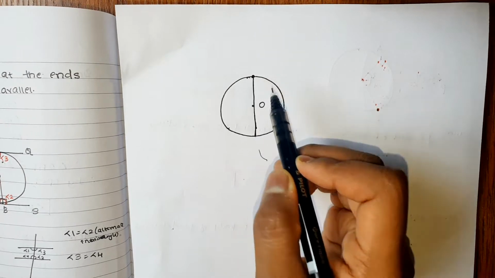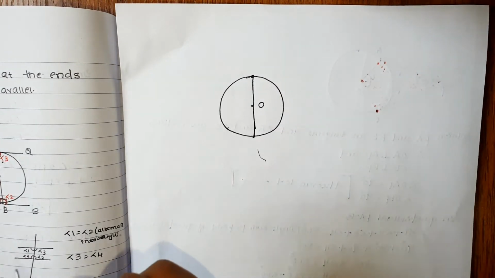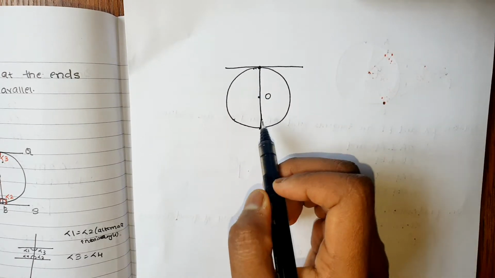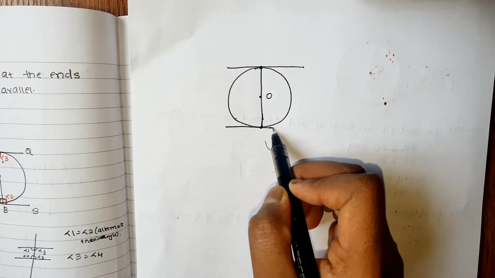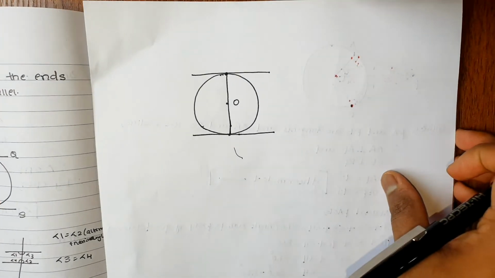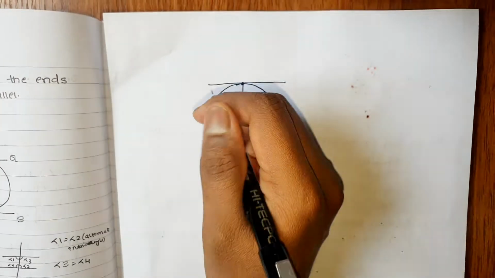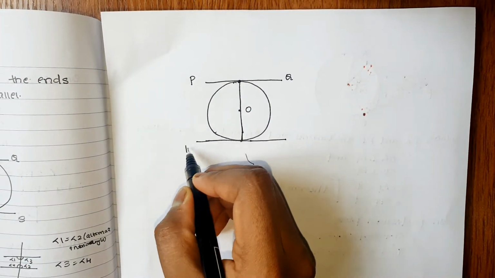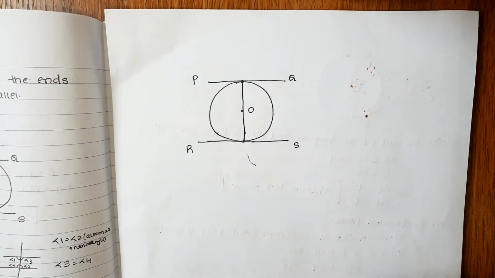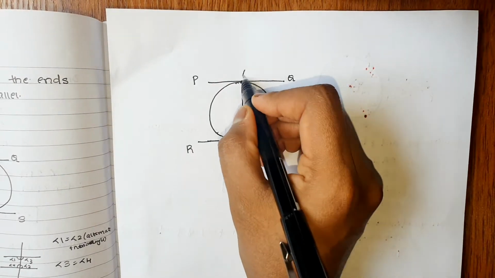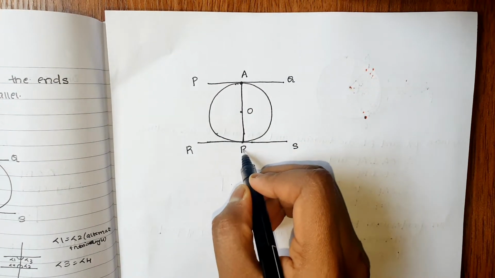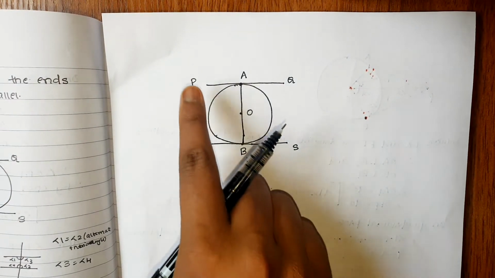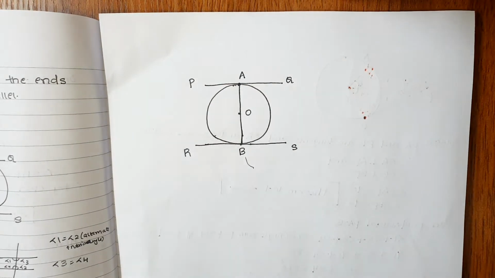So this is one end of the diameter and this is the other end of the diameter. I am giving the tangents the names PQ and RS, and for this diameter I am giving the name AB. So we have to prove that these two tangents are parallel.